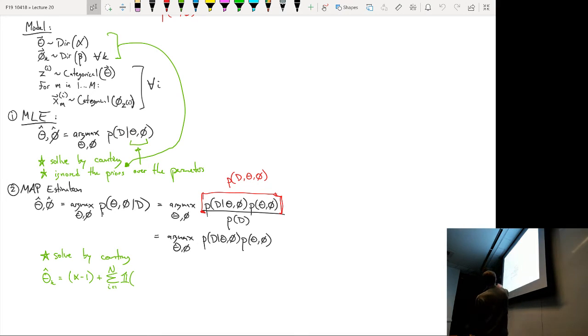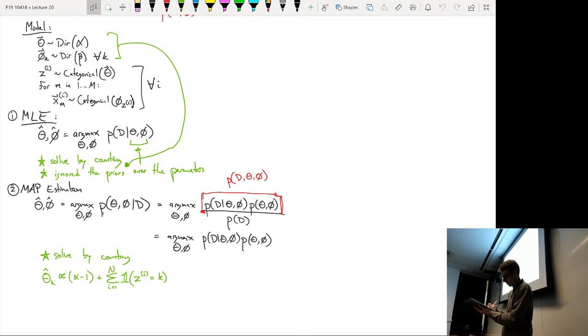Oh, and that's not with equality. We would need a partition function if we were doing it this way. So we could just say that the actual parameter is proportional to this. So the way that you would compute it is compute all of these values and then just normalize the vector theta.